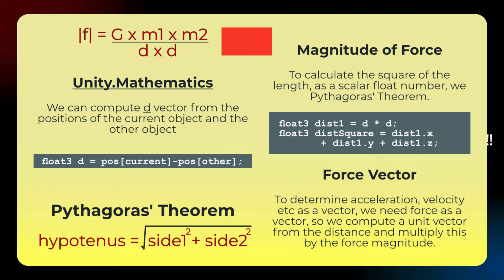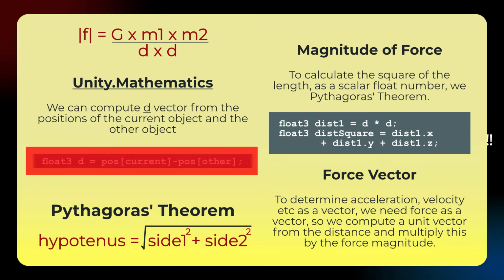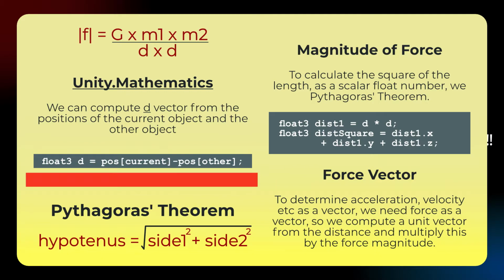So if we compute the distance, which we can do here with code looking like this, we have the two positions. Imagine there's an array of positions, and so we have an index for current and an index for the other, because we're comparing two different objects.